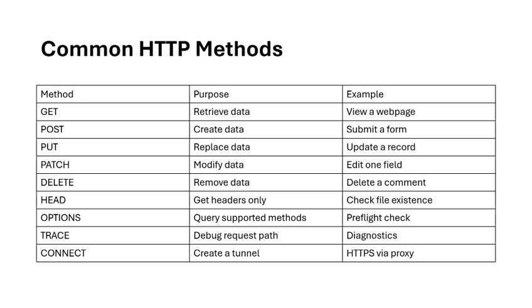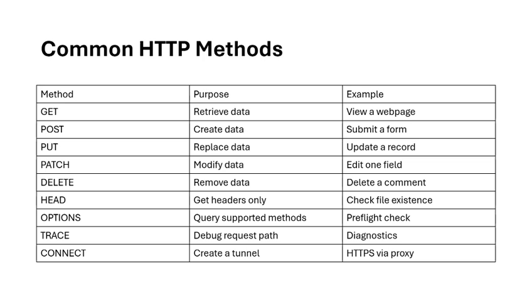If you have to edit a particular field or modify particular data, you require PATCH. If you have to delete data, you can use DELETE. If you want to check the headers, you require HEAD. If you want to know about the supported methods, you have OPTIONS. For debugging the request path, you have TRACE. For creating a tunnel, you have CONNECT.